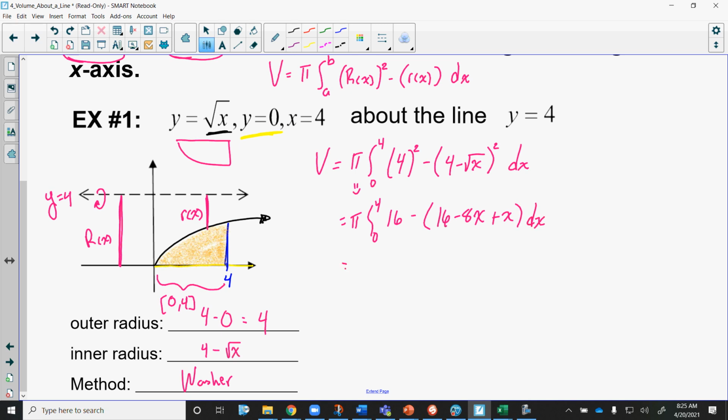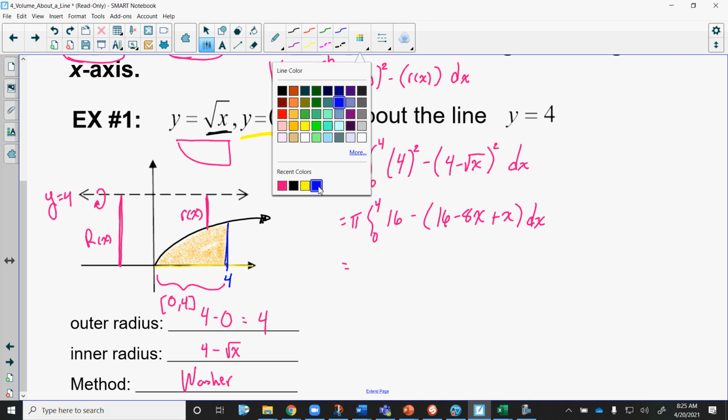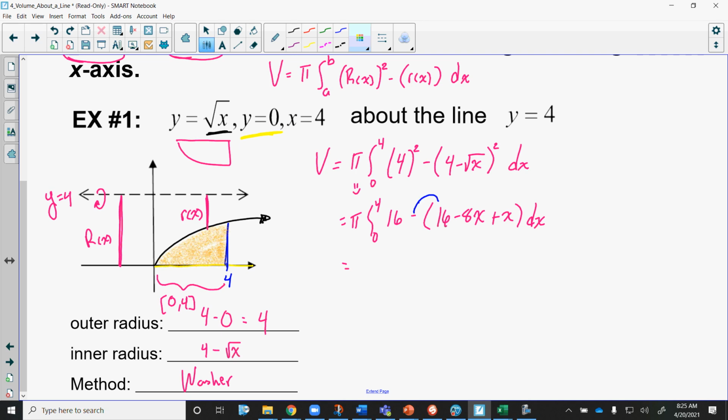And you can see here that when we distribute the negative, the 16s are going to wind up canceling. This will become a positive 8x. And this is supposed to be not 8x, it's the 8 square root of x.